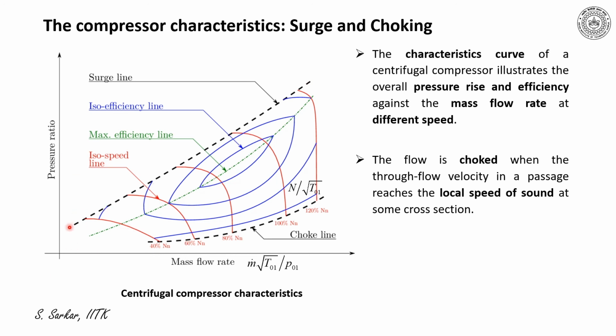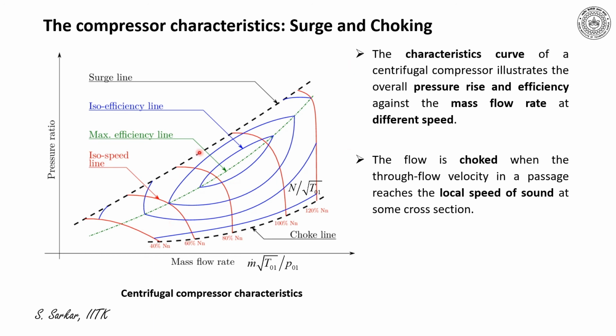Furthermore, the surge line, which is plotted by dotted lines, and the choke line are also presented here. Thus, the characteristic curve of a centrifugal compressor illustrates the overall pressure rise and efficiency against the mass flow rate at different speeds.